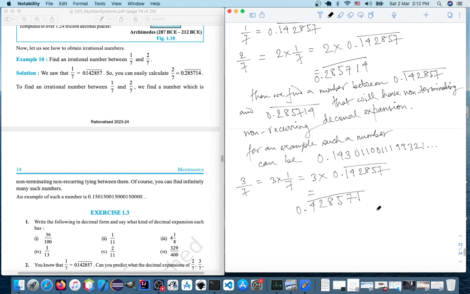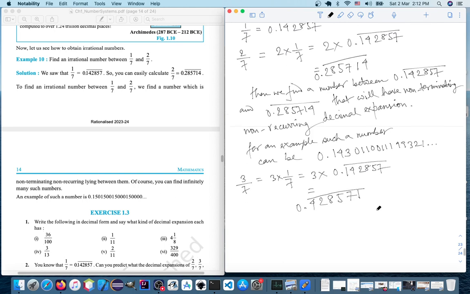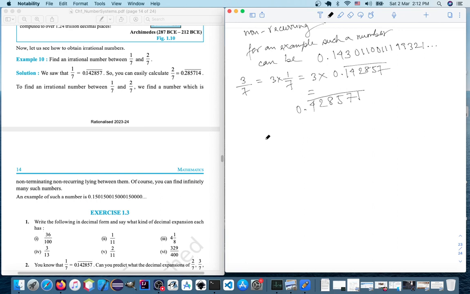Similarly, you can check yourself if this is the answer by actually doing the long division of 3 by 7, and also check for 2 by 7. Let me show another, say 6 by 7. 6 by 7 will be 6 into 1 by 7, which is 6 into 0.142857 whole bar.